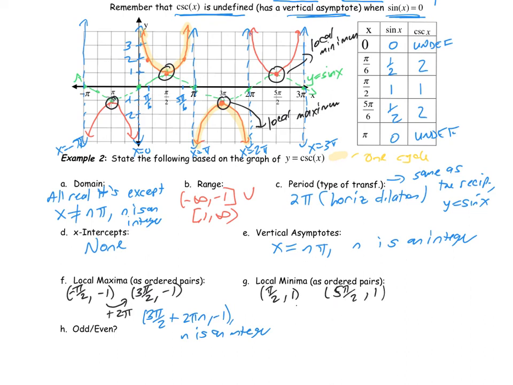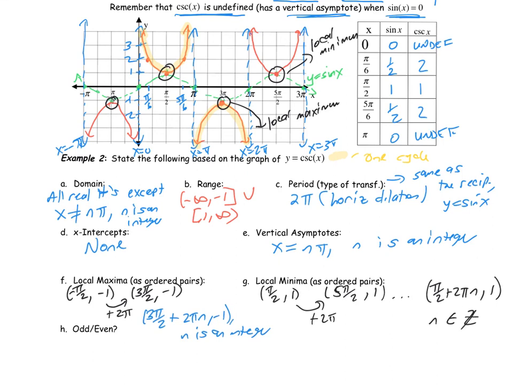To get from one to the next, I'm adding 2 pi, so a full period. And if I want to write a general expression, I pick one value, pi over 2, and then I have to add 2 pi n. The y-coordinate's still 1, where n is an element of the integers.